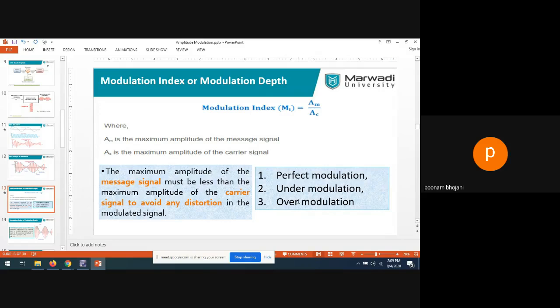Under modulation is the one in which modulation index is less than 1. And over modulation is the one in which modulation index is greater than 1. So equal to 1, perfect modulation; less than 1, under modulation; and greater than 1, over modulation.